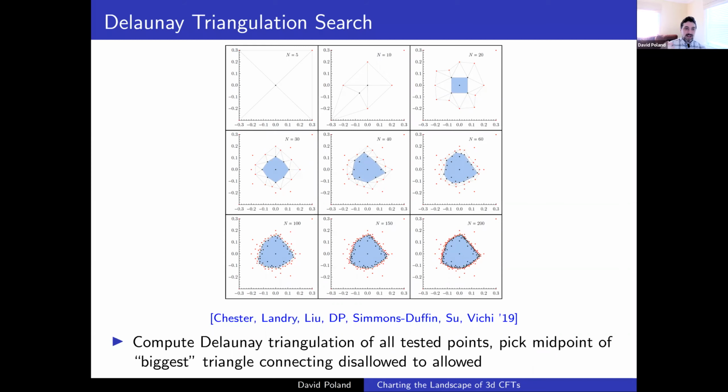Then the idea is you just pick the biggest one, using some sense of biggest, and choose the center of that biggest triangle in order to decide which point you should compute next. This is an efficient way to find the boundary of the allowed region in a reasonable number of iterations.